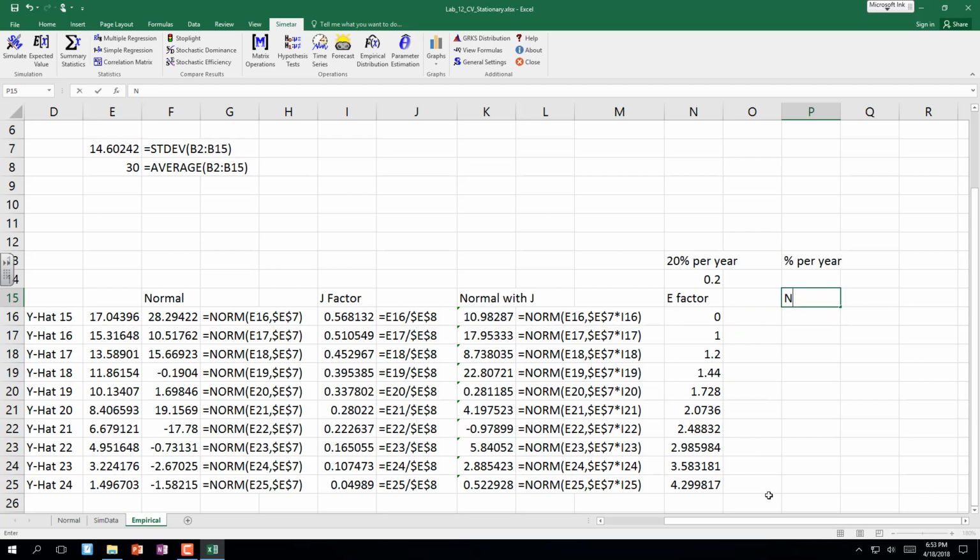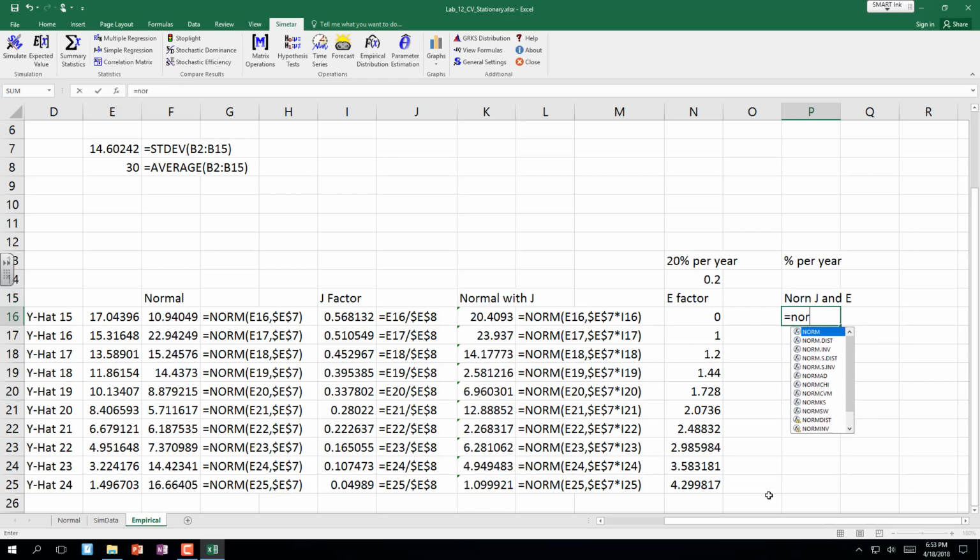So this is a norm with a J and an E. So it's equal norm. I want that mean there, that's my y hat, comma.